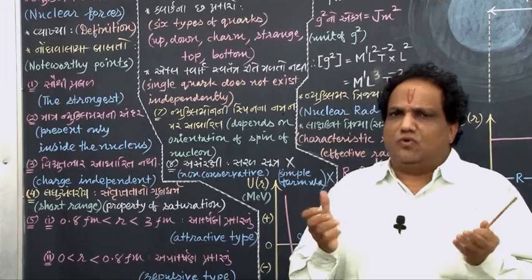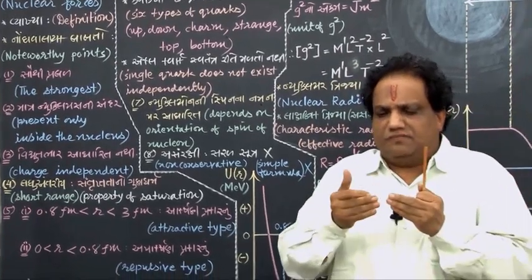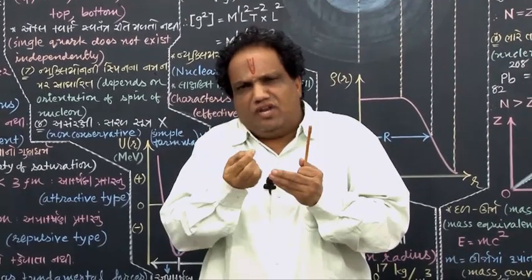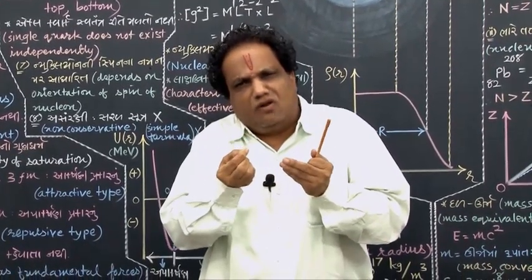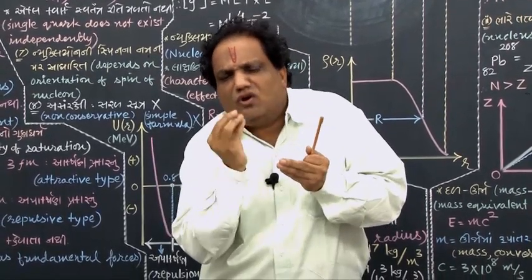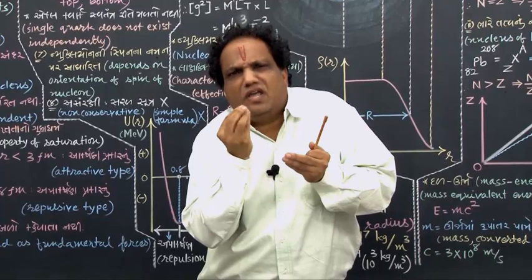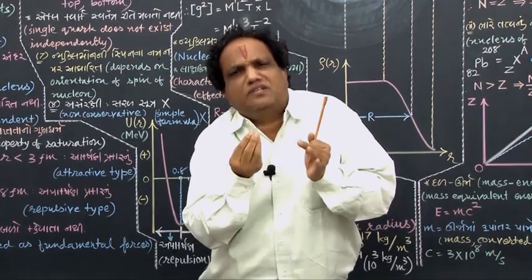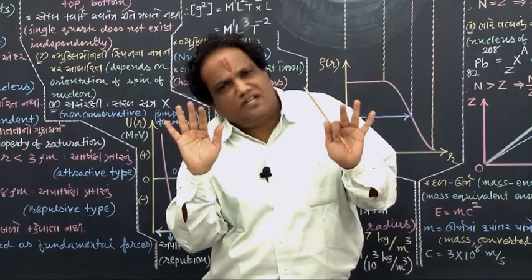And the nuclear forces are present in a very small region, correct? So every nucleon is capable of exerting these nuclear forces only on the very closely lying neighboring nucleons, and within that very short range they are satisfied.